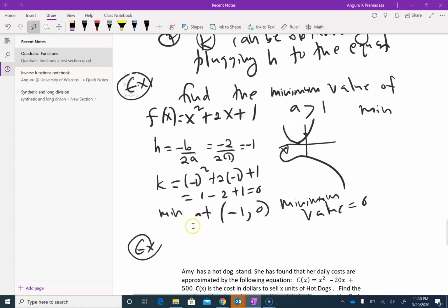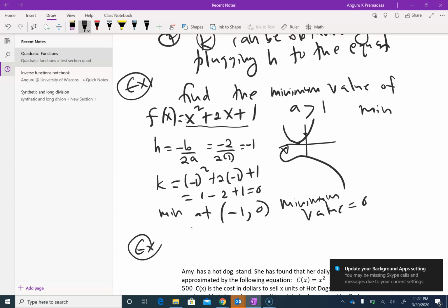So let's do a simple example. Suppose we want to find the minimum value of x squared plus 2x plus 1. It is a quadratic, and it is a bowl because the leading coefficient is positive. So we need to find the coordinates of this minimum point.